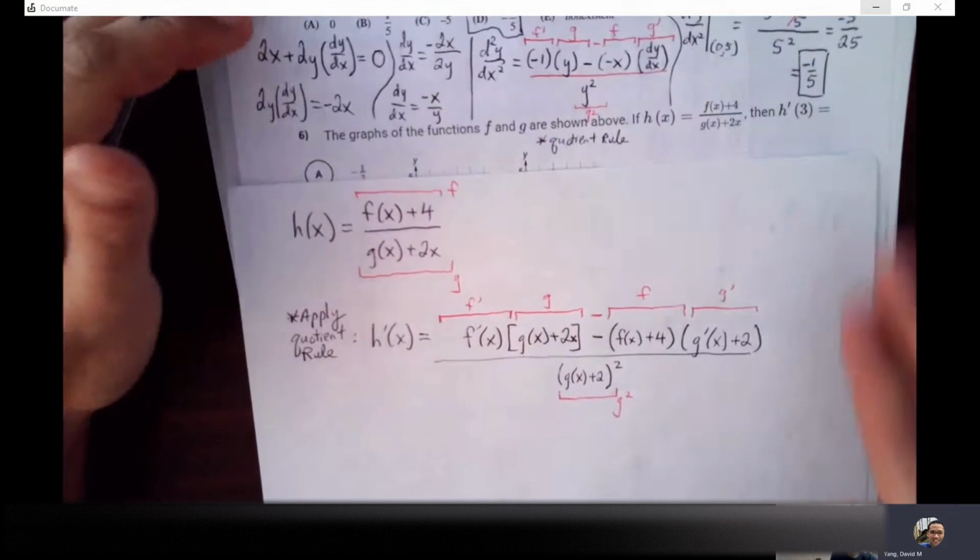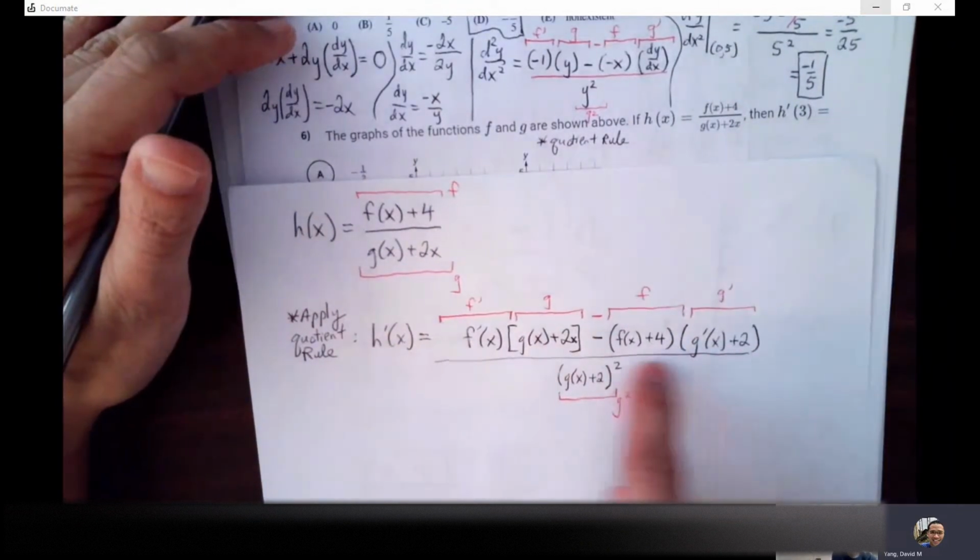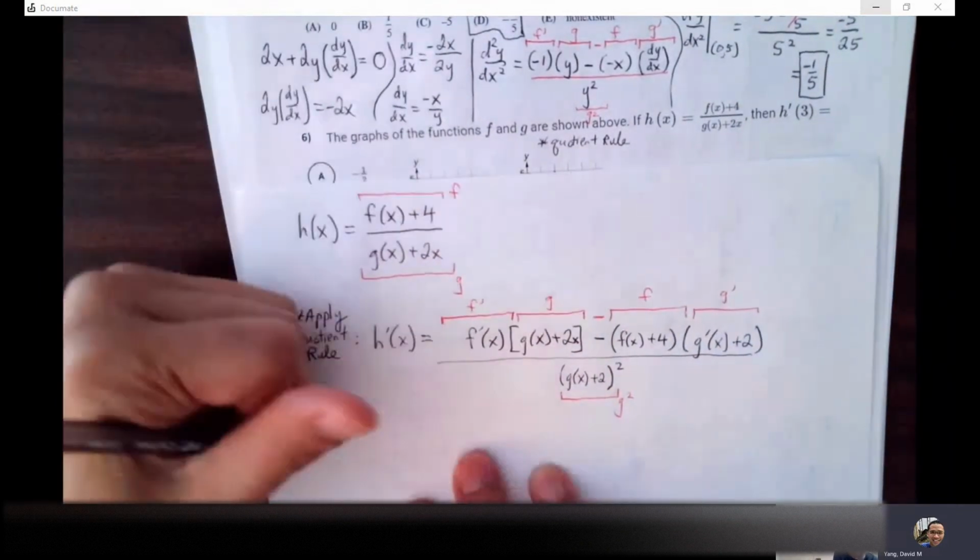We want to find h prime of 3, so I'm just going to replace every x I see with 3.